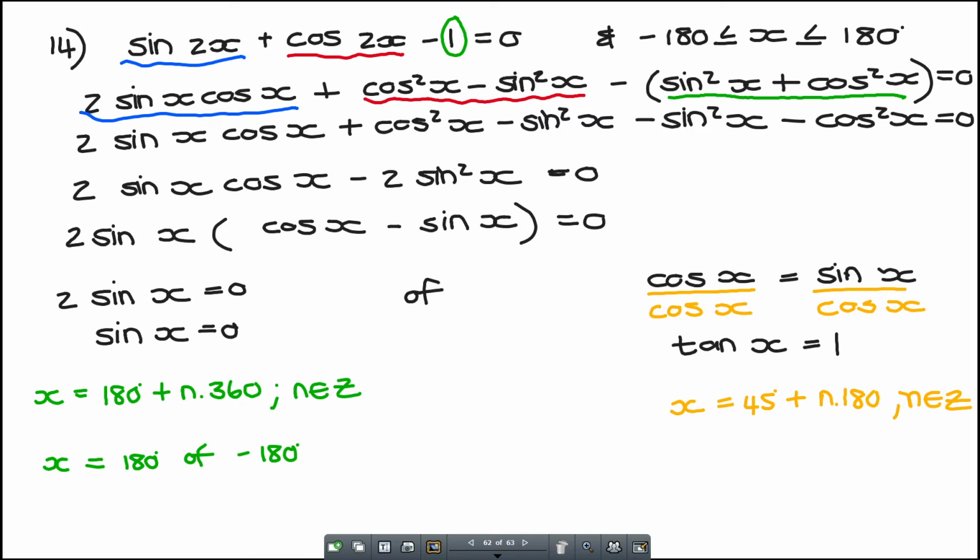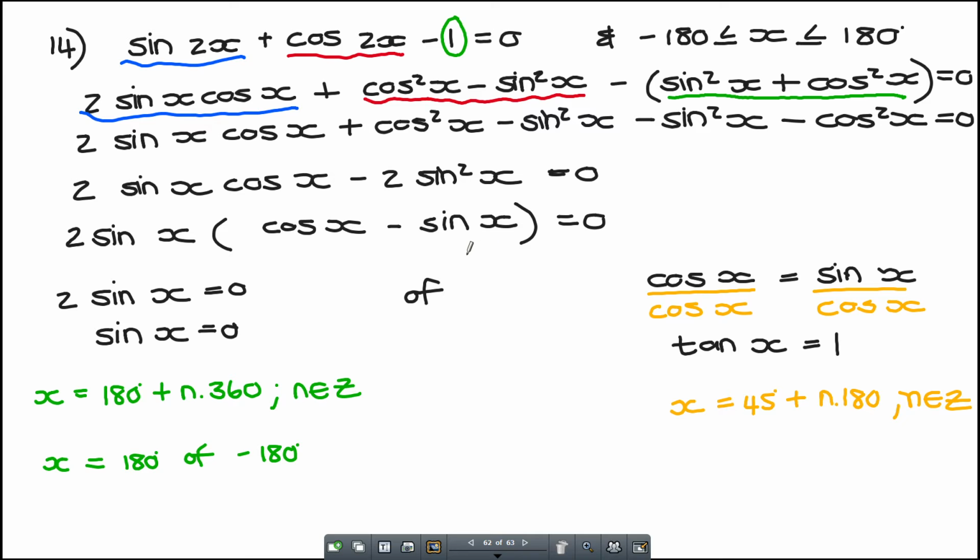It wouldn't be wrong if you maybe left the 2 inside the bracket. It works out the same. Okay, so then I can make this equal to 0. And that 2 in front would technically go over, and 0 divided by 2 is still just 0. Okay, and then the other bracket, cos x minus sin x.